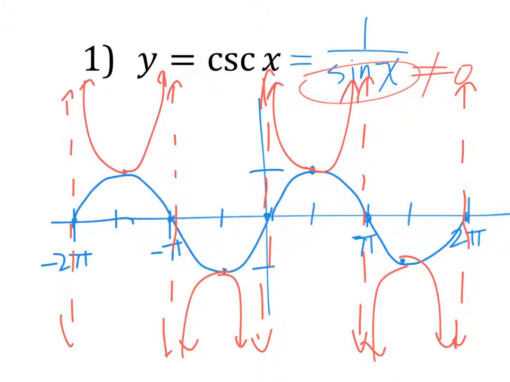The red parts are the cosecant graph. The blue is not necessary. You don't even need it, but you do want it to connect. That's why you leave it in there so that it's easier to graph. So you draw the u's on the x-axis? You draw the u's on top of the sine graph. So let me show you on decimals.